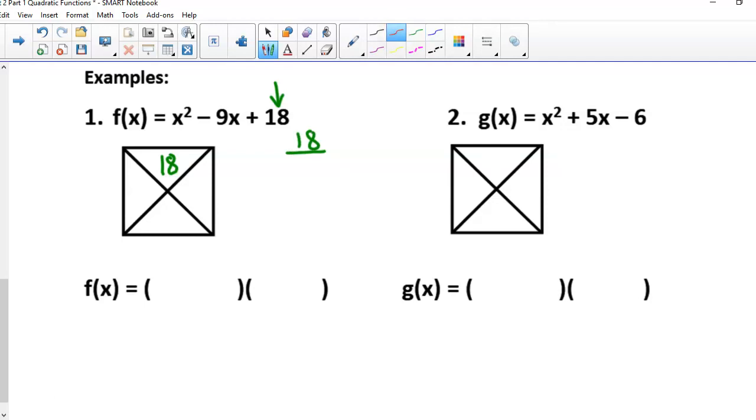And then we know that our middle term is negative 9x. So when we look at those values that are going to multiply to give us 18, they both have to be negative because that is a negative 9x.